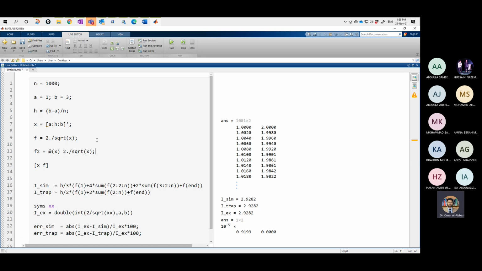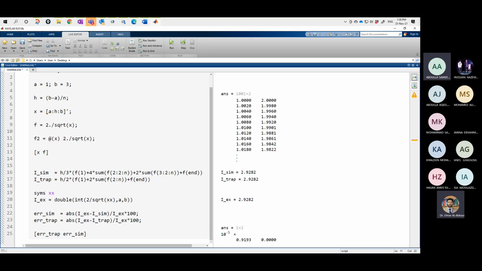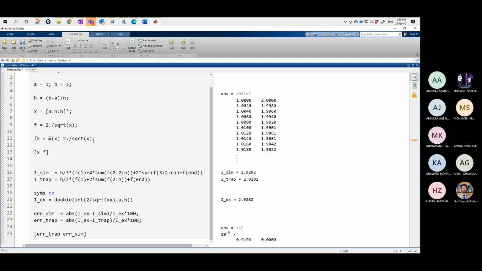So guys, what do we need to change in this code? Doctor, you put x inside the f.